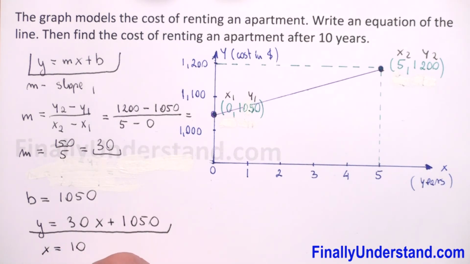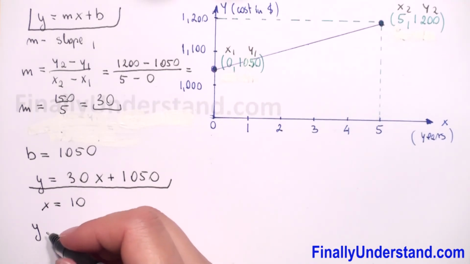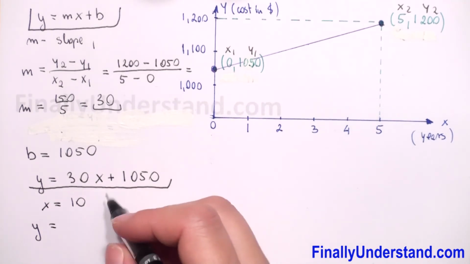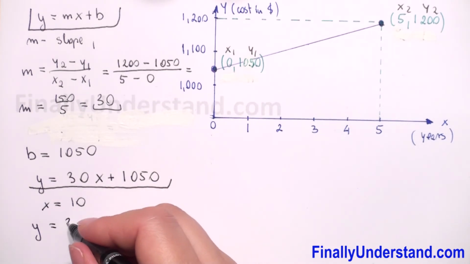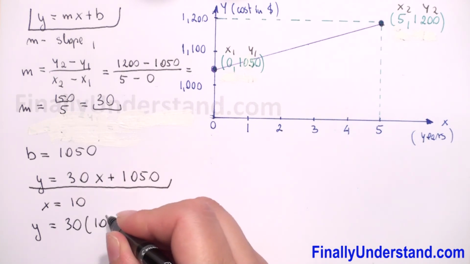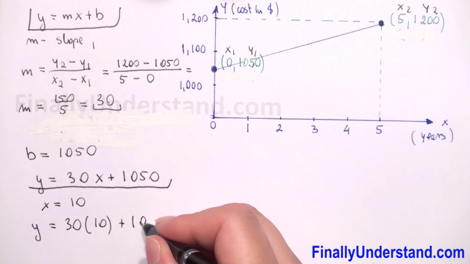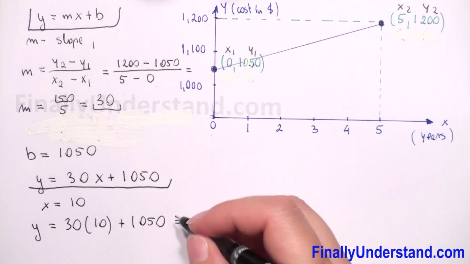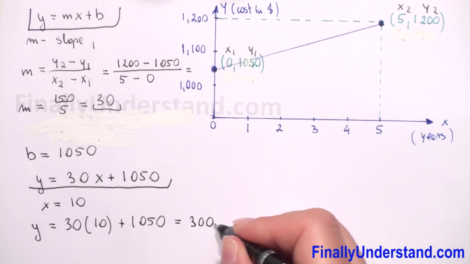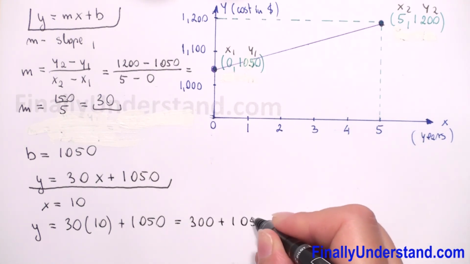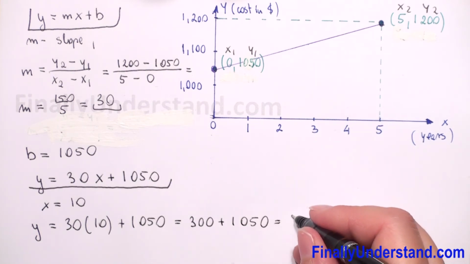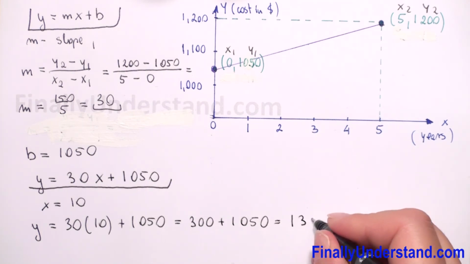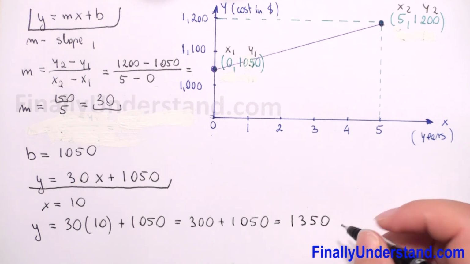So y is equal to, now we substitute x by 10, so we have 30 times 10 plus 1050. So this is equal to 300 plus 1050, so this is equal to 1350.